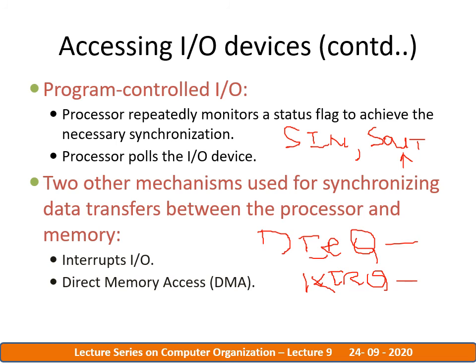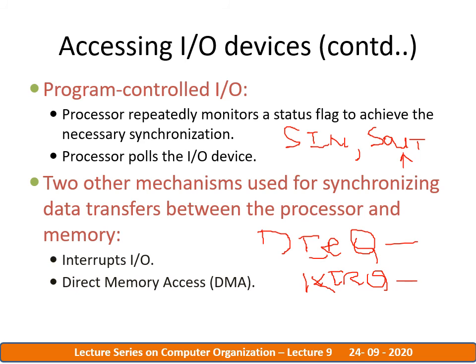There are two other mechanisms used for synchronizing data transfer between the processor and memory: interrupt IO and direct memory access, which is also called hardware controlled IO. So three technologies are designed.